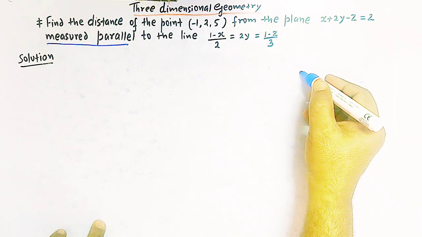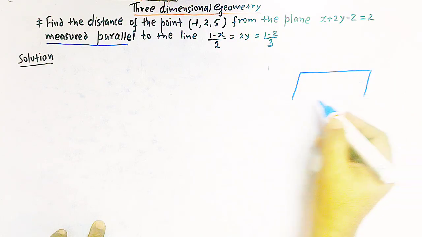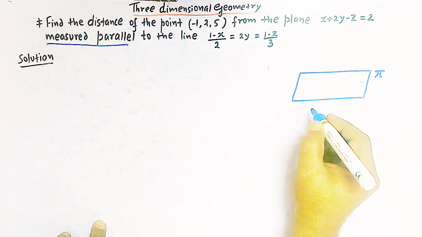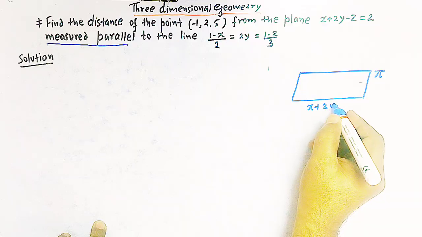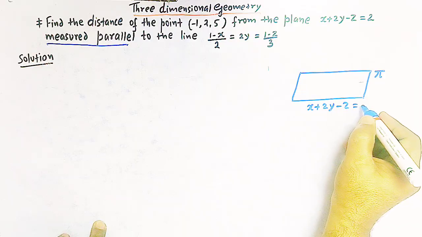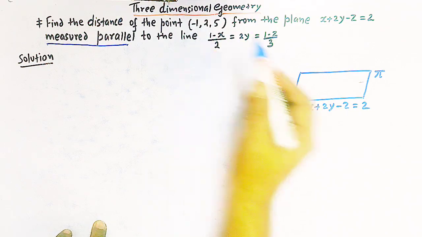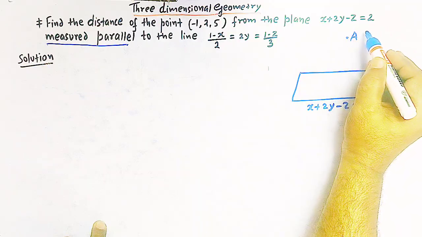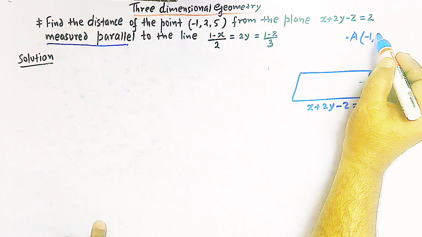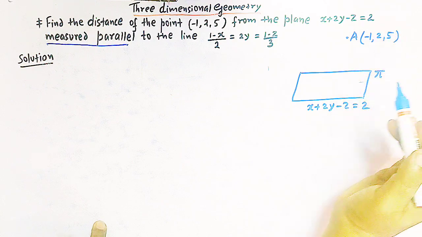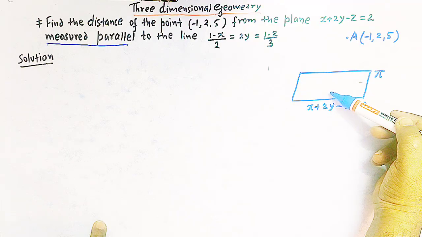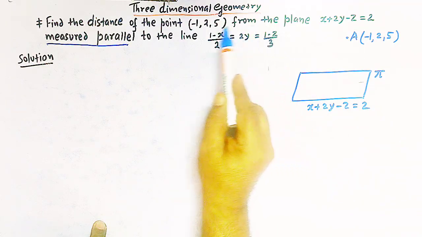Now consider the plane, and let us denote this plane by the letter pi. Here the equation of this plane is x + 2y - z = 2. And here we have a point A with coordinates -1, 2 and 5, and we have to find the distance of this point from this plane parallel to this line.